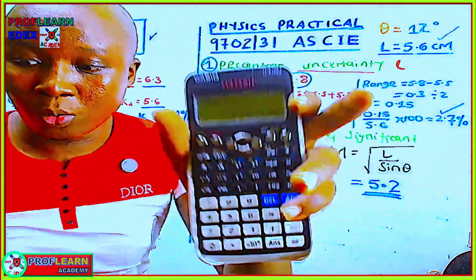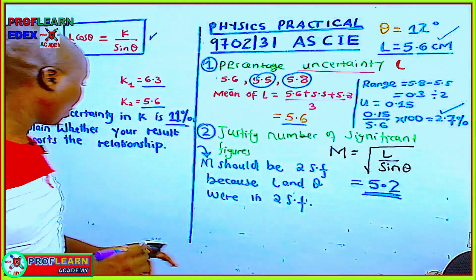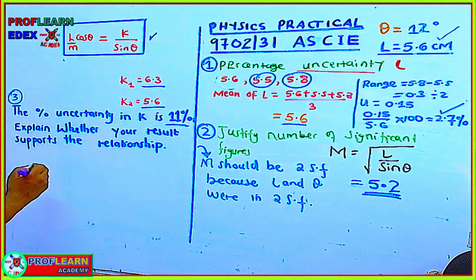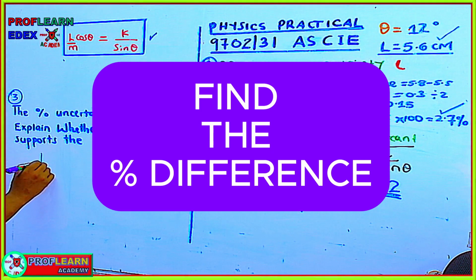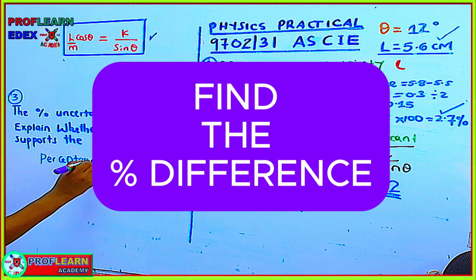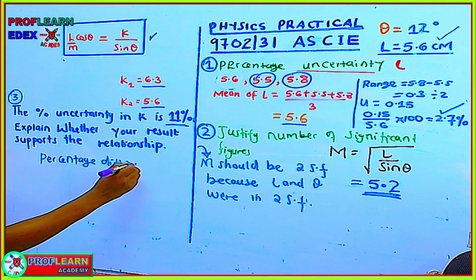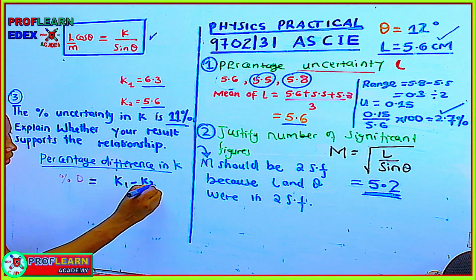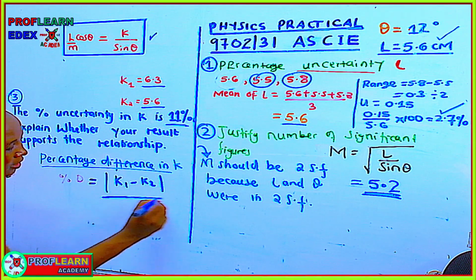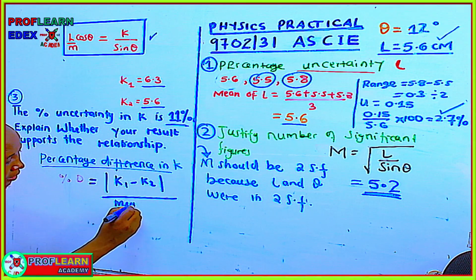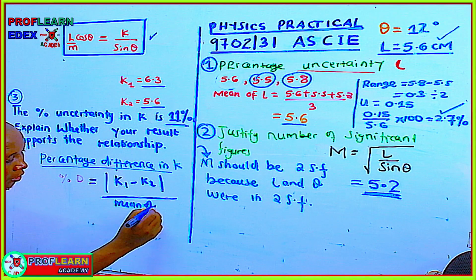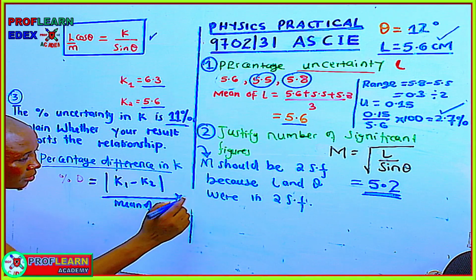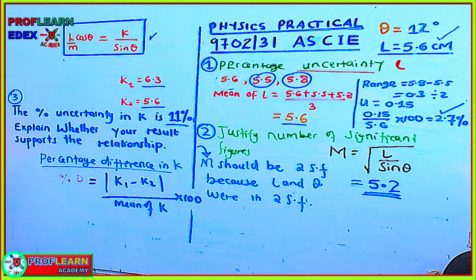How are you going to work it out? The first thing you are going to do there is to work out the percentage difference. You work out percentage difference in K: K1 minus K2, absolute, divide by the mean of K, times 100%.